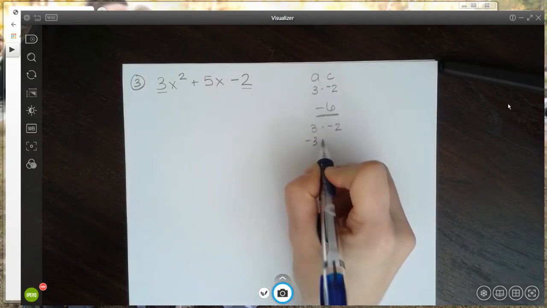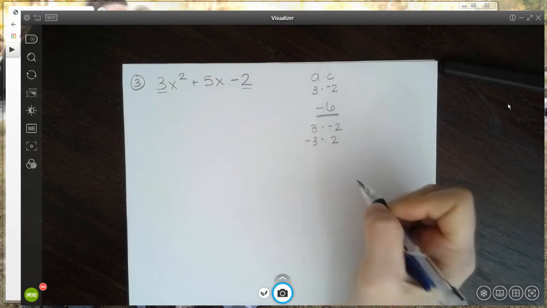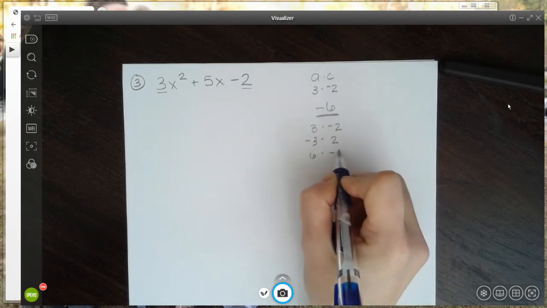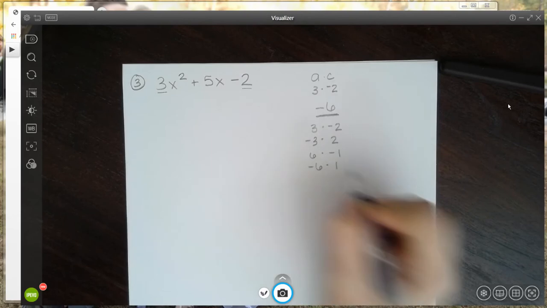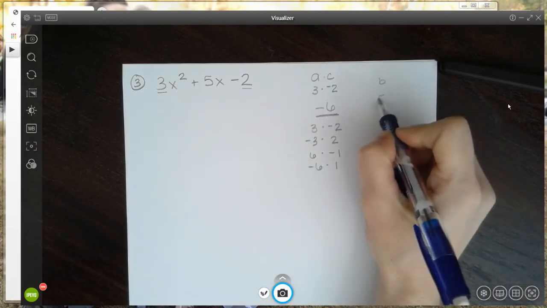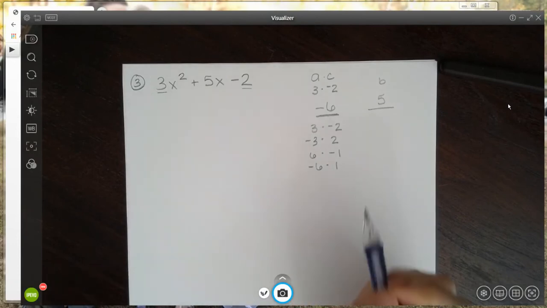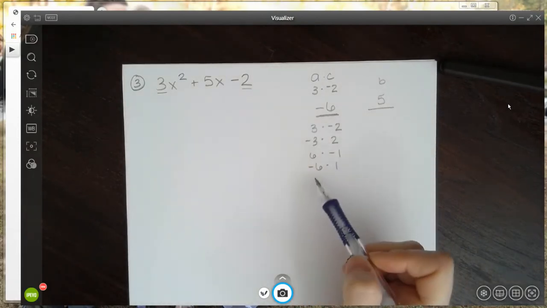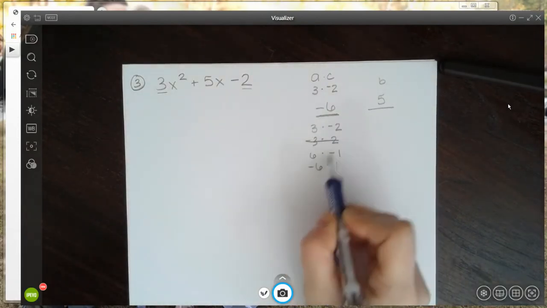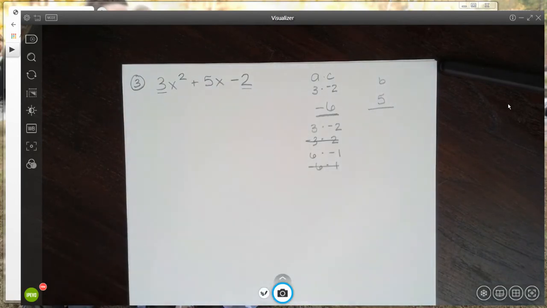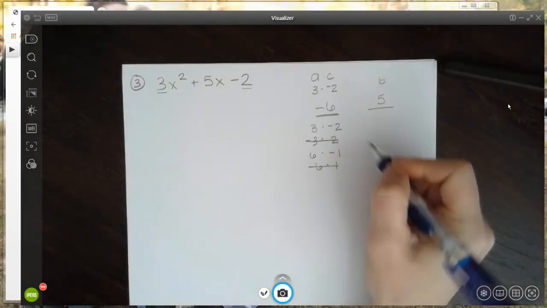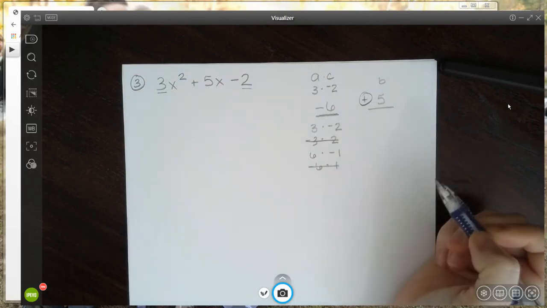I could have negative 3 times positive 2. I could have 6 times negative 1, and I can have negative 6 times positive 1. But my goal is to make 5. So the larger number in these can't be negative, because that would end up giving me a negative number when I add together.